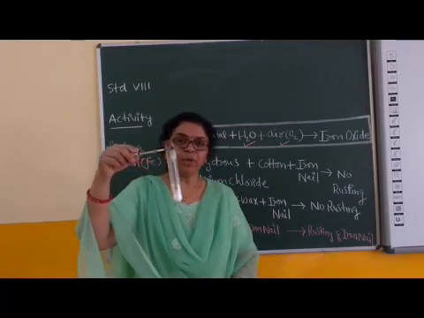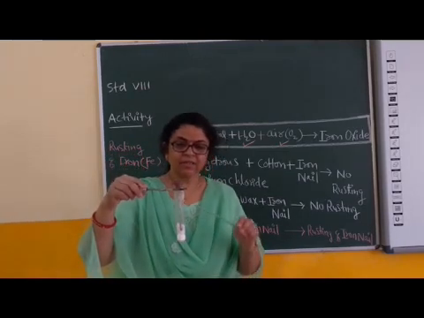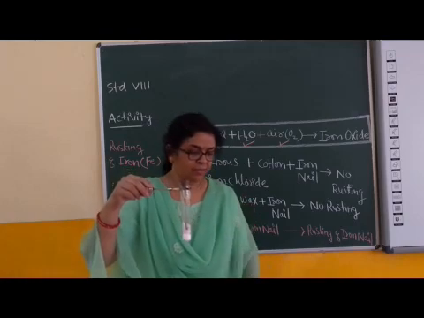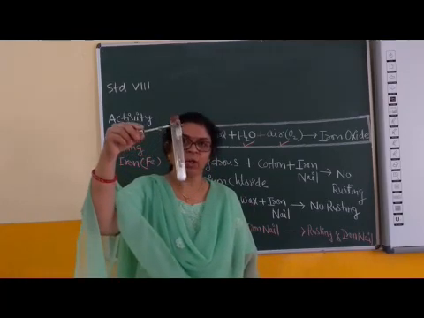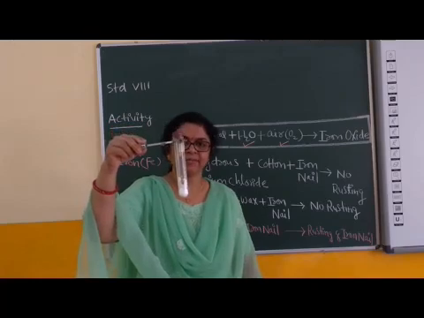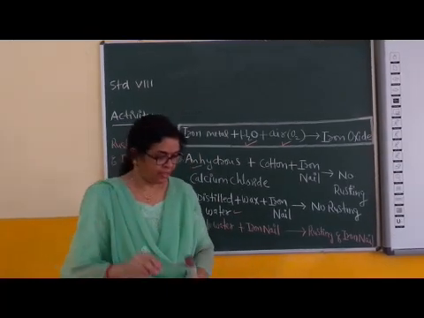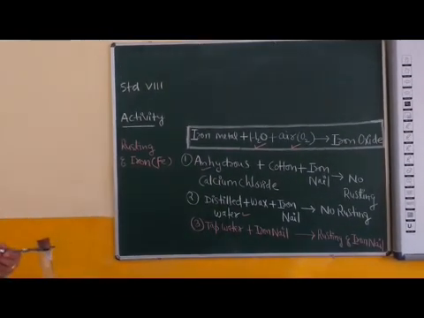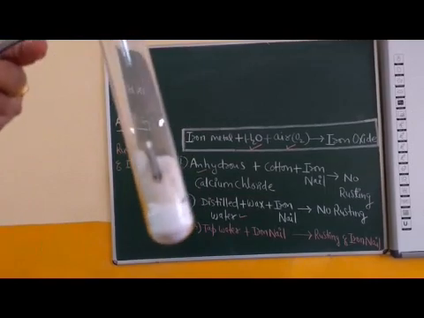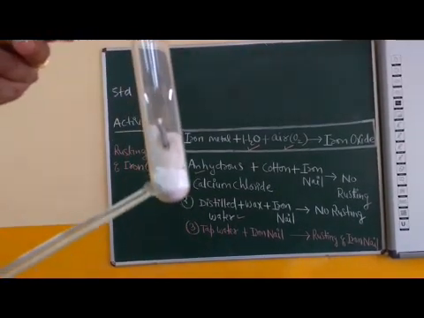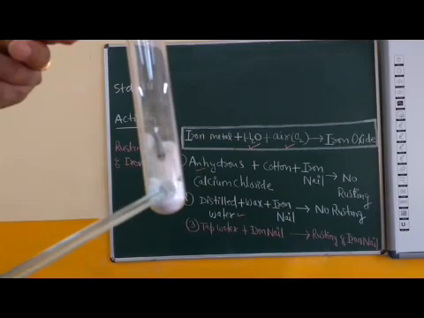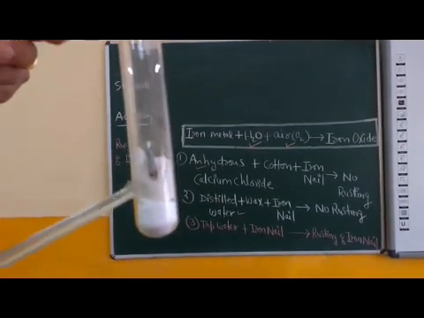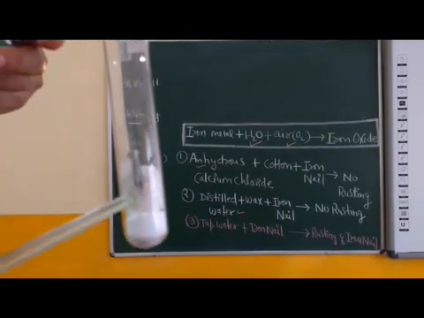Okay children? Moisture contents which are present in this test tube, between cotton and cork, are all absorbed by cotton and calcium chloride. I am showing you the proper arrangement of three different objects. First is calcium chloride, then cotton and then iron nail.